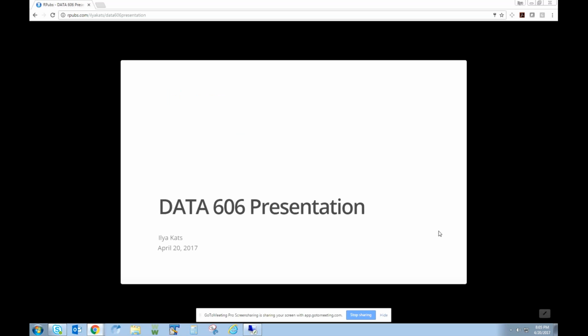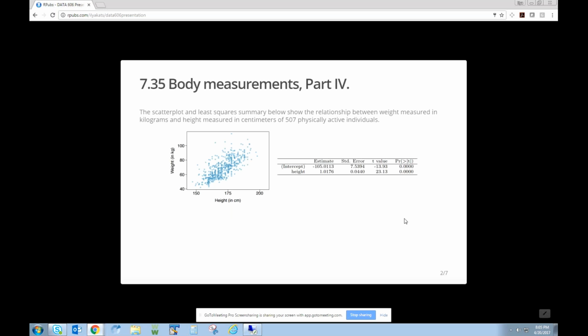All right. Actually, all the assigned practice exercises were taken from Chapter 7, so I just picked another one, and my presentation is probably going to be very similar to Kyle's. I picked problem 35, which deals with the relationship between the weight and the height.